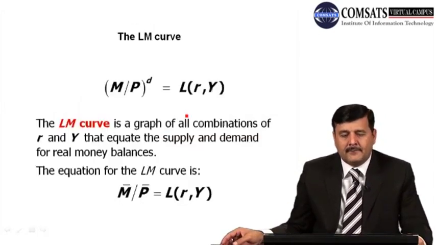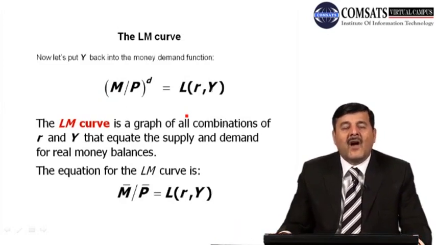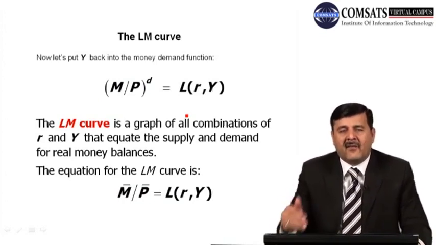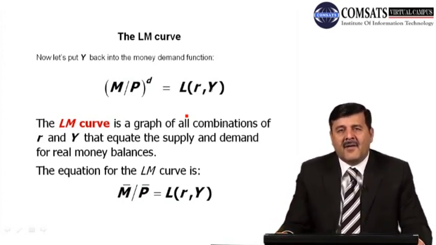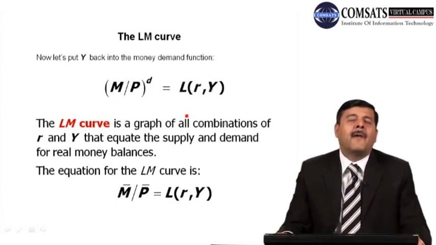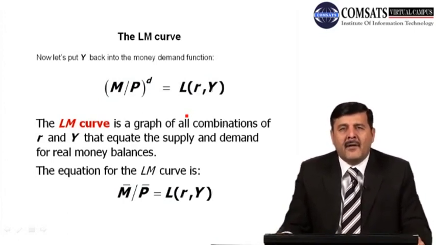Now the LM curve. Let us put Y back into the money demand function. Previously जैसे कि आपने ग्राफ ड्रा किया money demand का, वहाँ पे money demand was depending on interest rate only, but as we know जैसे शुरू में हमने एक चैप्टर money and inflation में discuss किया था कि demand for money does not depend only on the rate of interest, it also depends on the level of income, right?